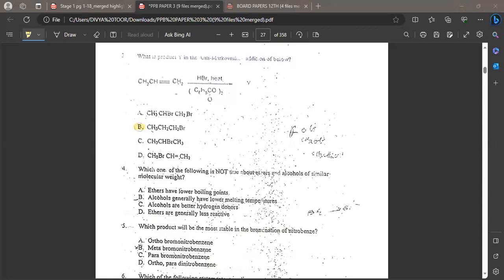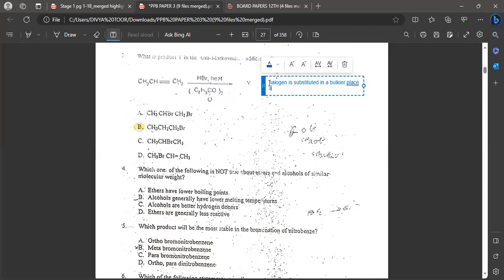Okay, so Markovnikov is where the halogen is substituted in a bulkier place. And anti-Markovnikov is when the halogen is substituted in a less substituted position.